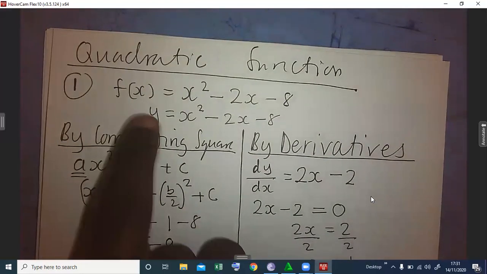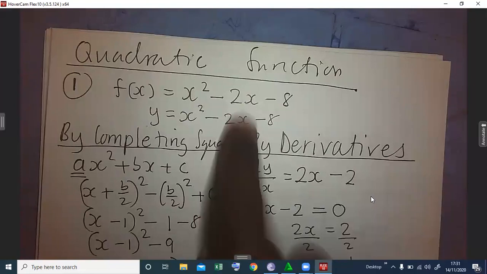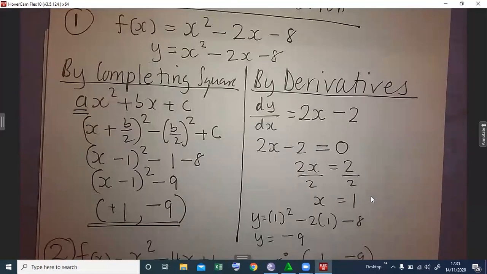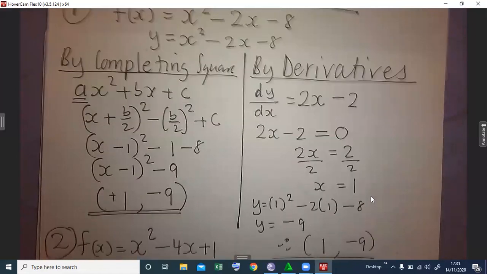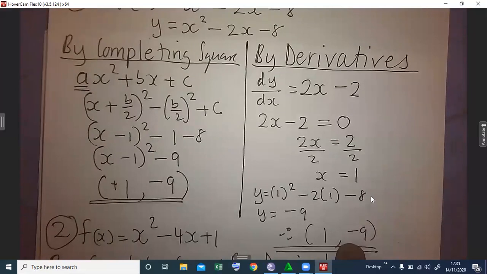So we started with a quadratic function. We saw how we find the turning point using completing the square, and we also used derivatives and we found the turning point, and we ended up with the same answer of turning point.